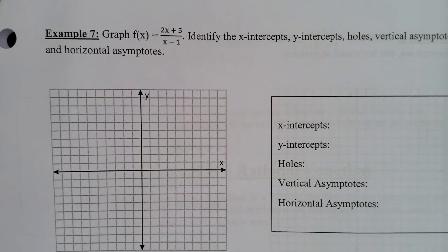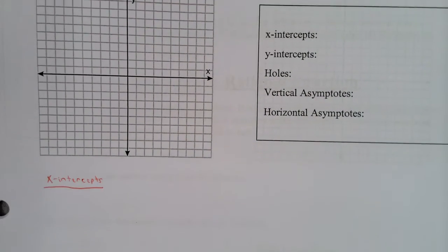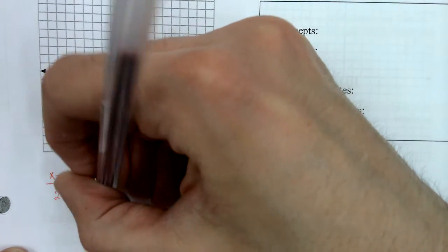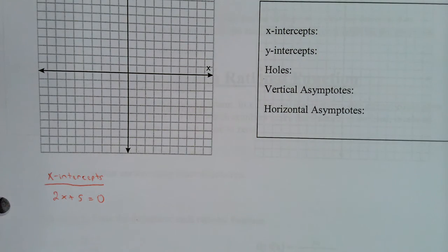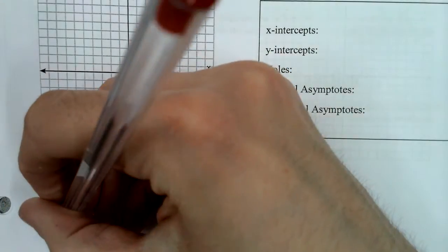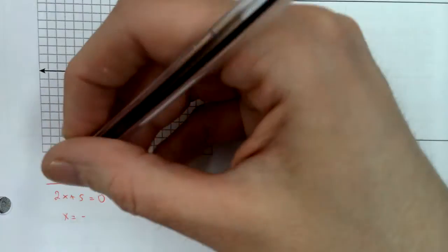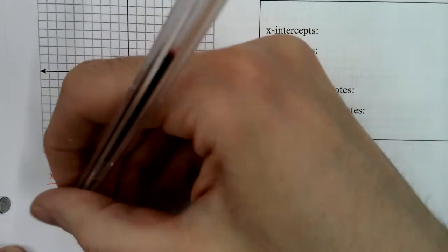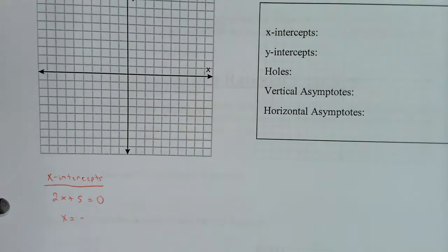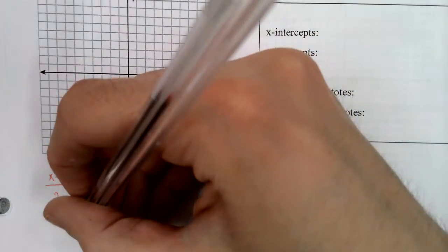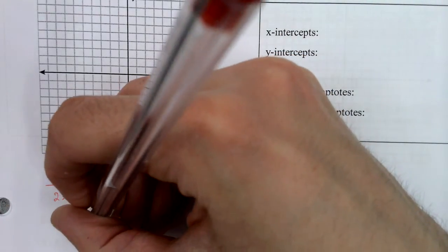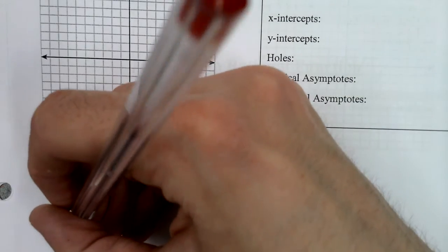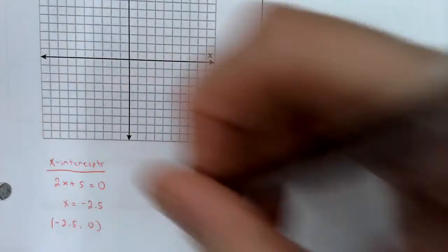So I'm going to set the numerator equal to 0 and solve. 2x plus 5 equals 0. X equals, subtract 5 divided by 2. X equals negative 5 halves. So I'll say negative 2.5. So I'm going to write that as negative 2.5 comma 0. That's the x-intercept.